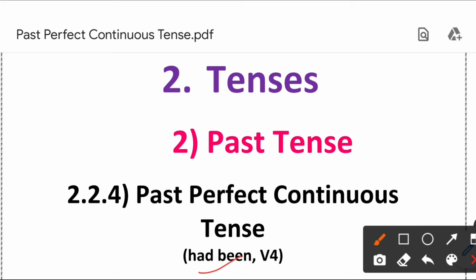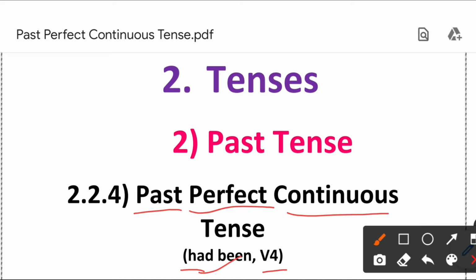Been is used as it is perfect, that means it denotes a completed action. And it is in the past form, so we use had. Then as it is continuous, we use the fourth form of the verb.